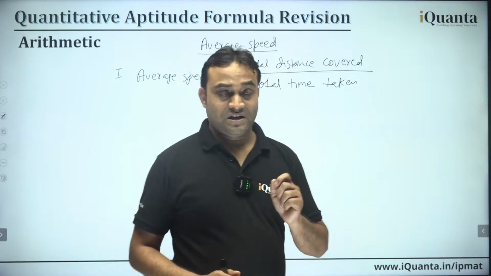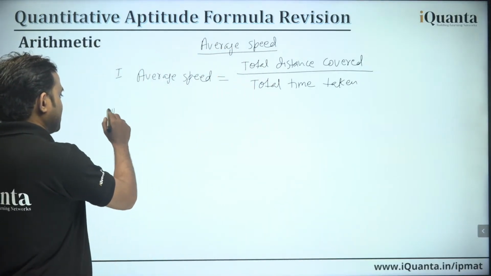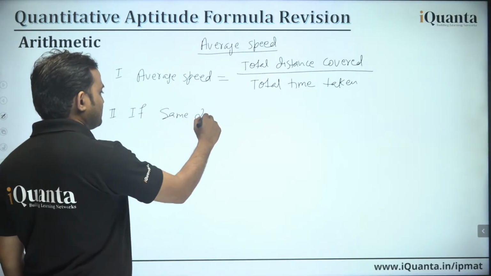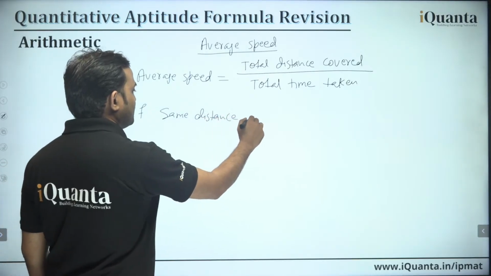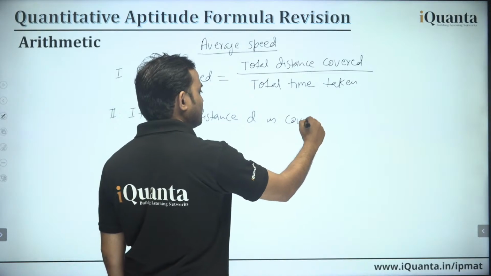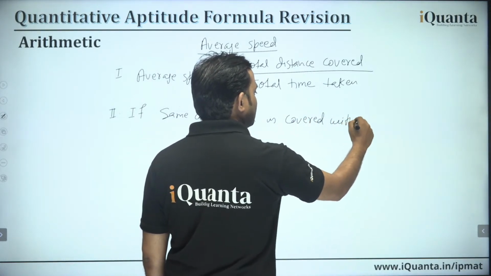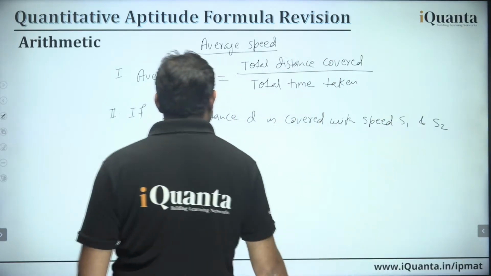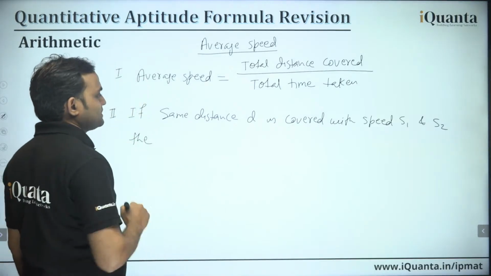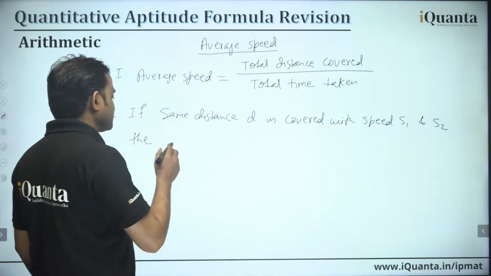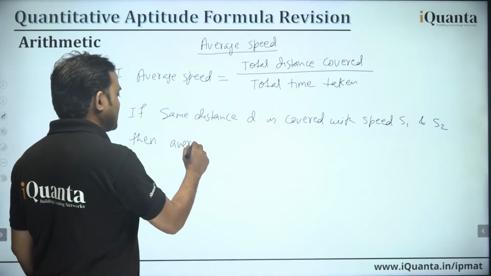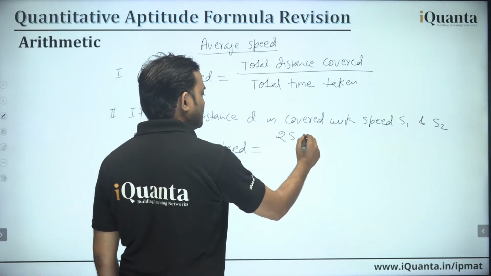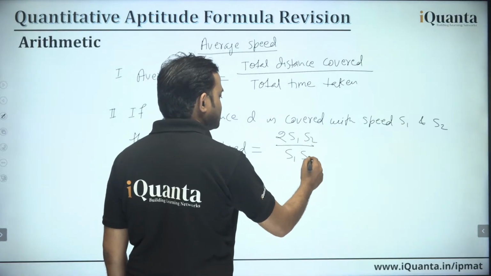But there is a shortcut if the situation is like this: if the same distance D is covered with speeds S1 and S2, then the average speed in this kind of scenario will be equal to 2 S1 S2 divided by S1 plus S2.